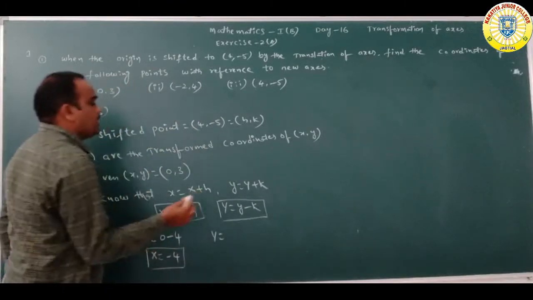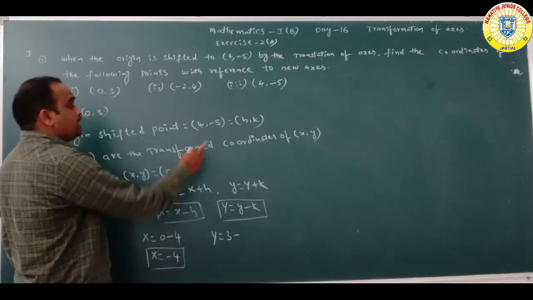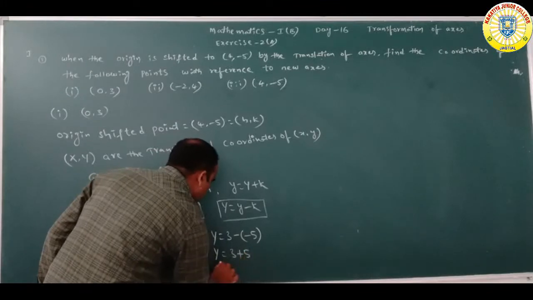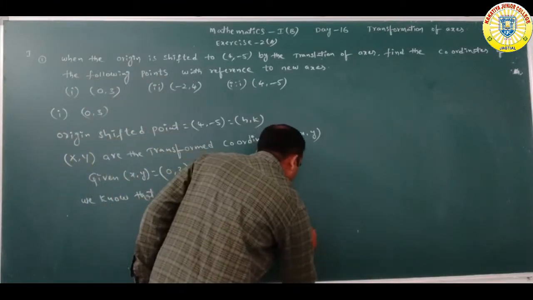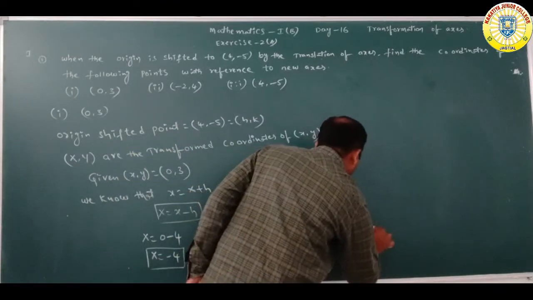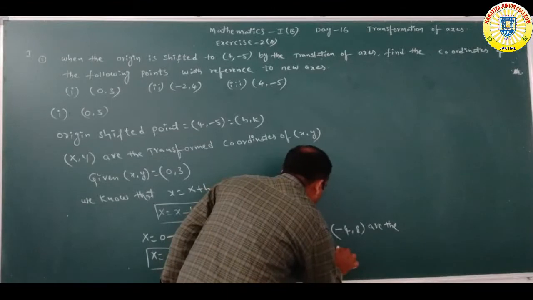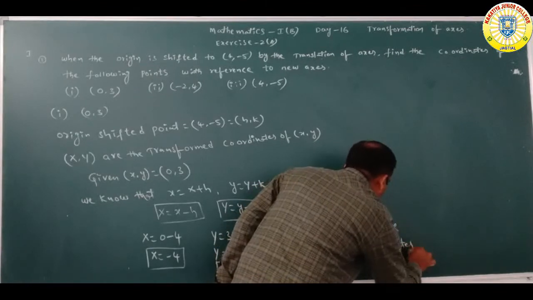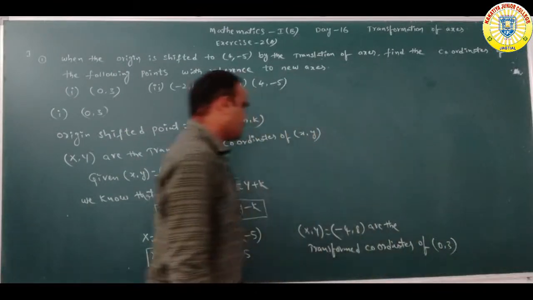Capital Y is equal to y minus k, which is 3 minus minus 5, that is 3 plus 5, so capital Y is 8. Therefore capital X, capital Y is minus 4, 8, the transformed coordinates of the point 0, 3.